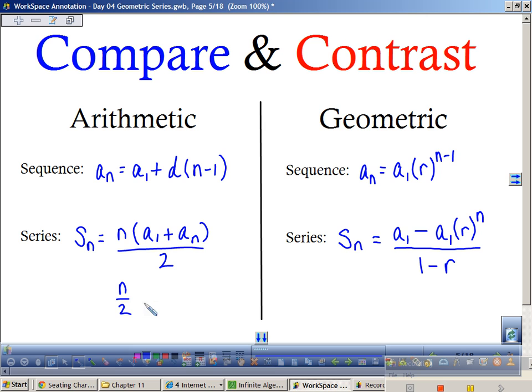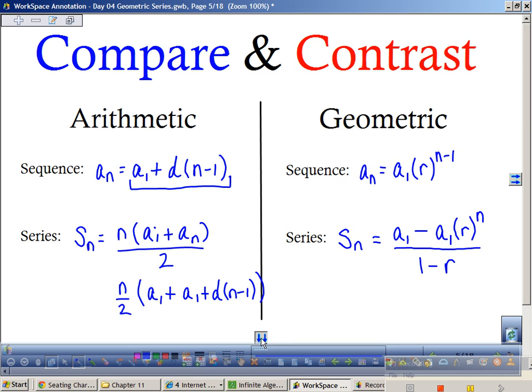That's here still, right? It's the same thing. You mean this one plus, what is a sub n? It's right here, right? So you can take this and substitute it in here for a sub n if you want, right? Which would be a sub 1 plus d times n minus 1.